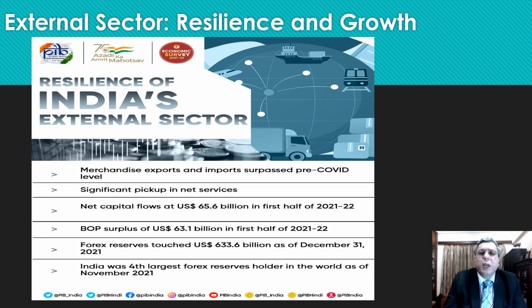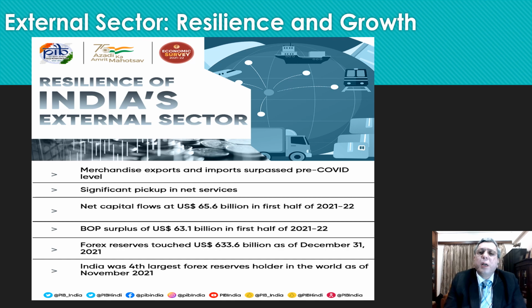Merchandise exports and imports surpassed the pre-COVID level. We should do about $400 billion of merchandise exports this year. Significant pickup in net services, that's huge. Net capital flows were $65 billion in just the six months, April to September of financial year 2022.